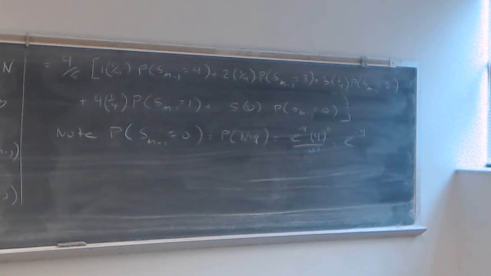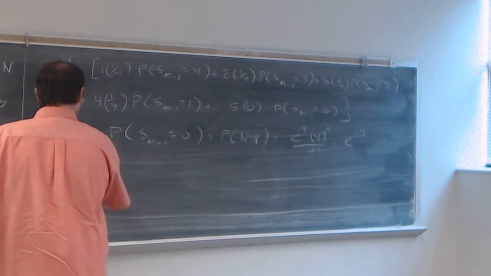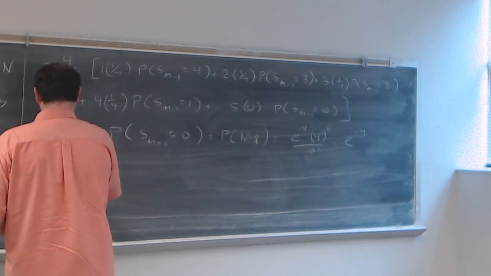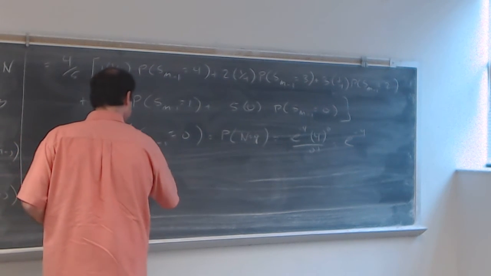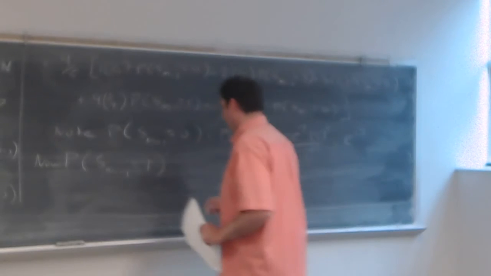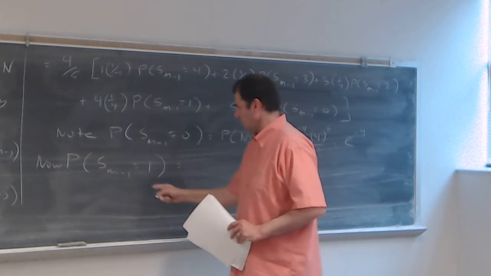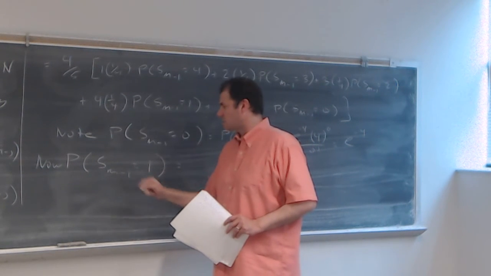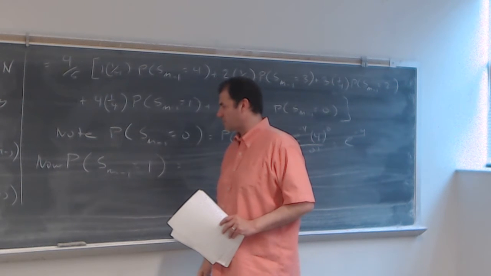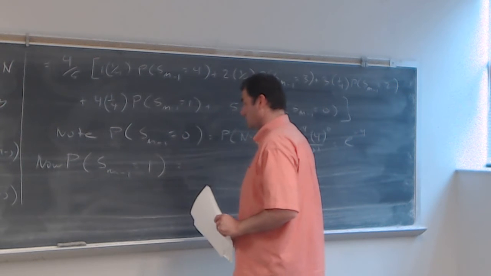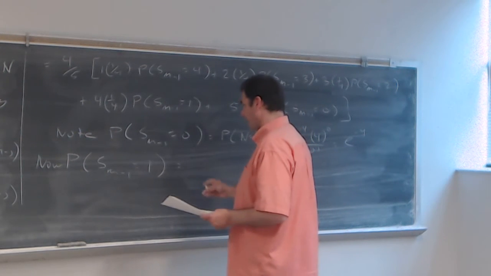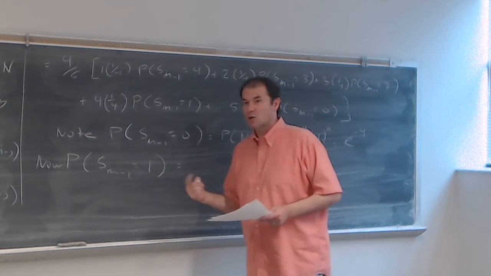All right? Now, the probability that S_{m-1} equals 1, well, this right here is a Poisson random variable with parameter lambda, so 4. So here's what I get. I use my corollary again.